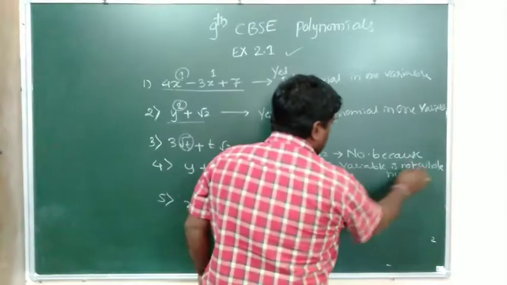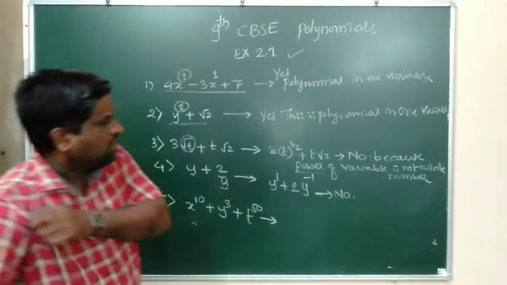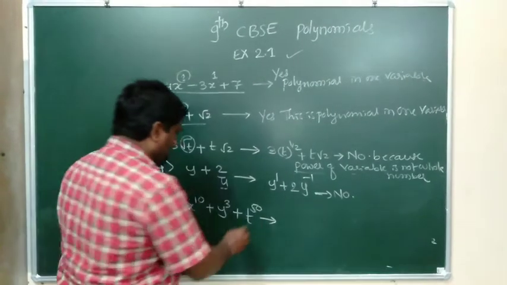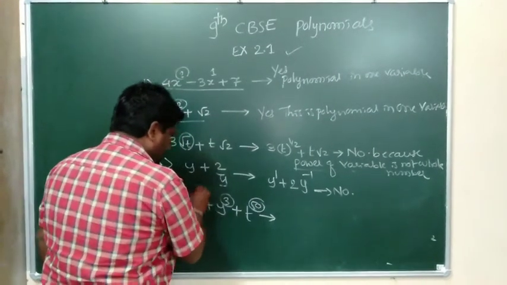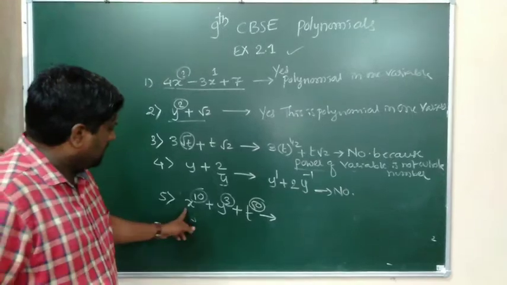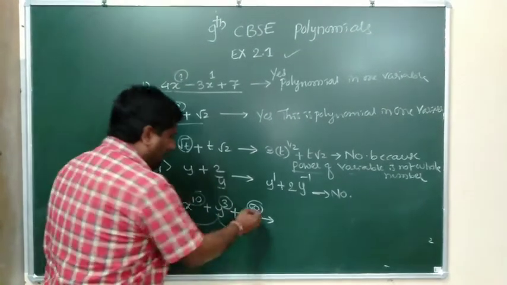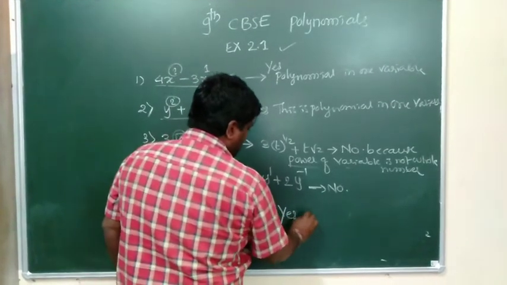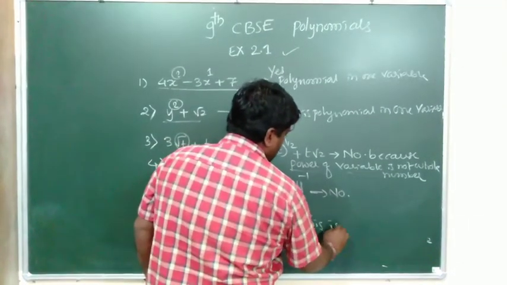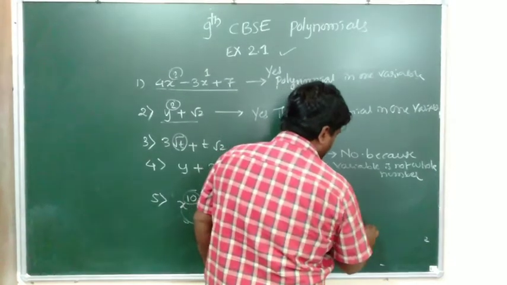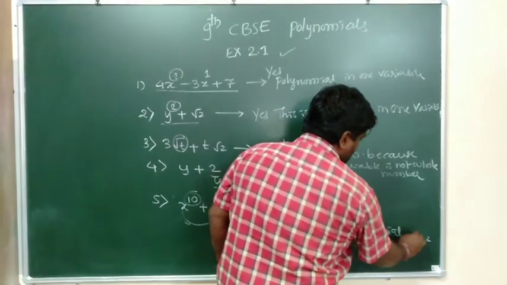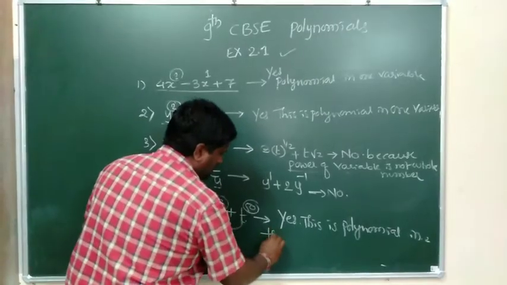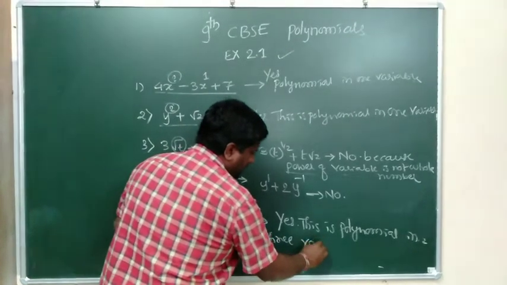Same reason, the power of the variable is not a whole number. If you observe, these are whole numbers, and the variables are totally different. Yes, this is a polynomial in 3 variables.